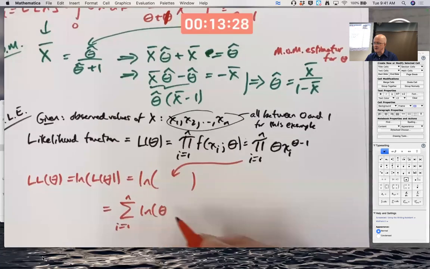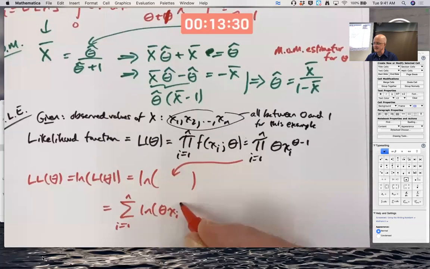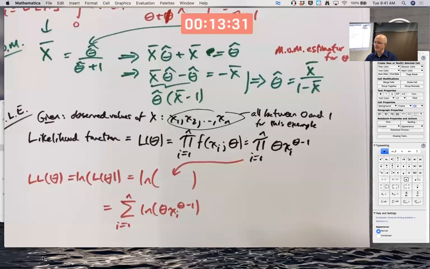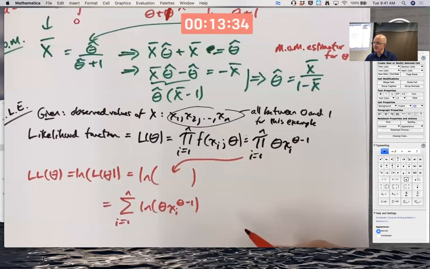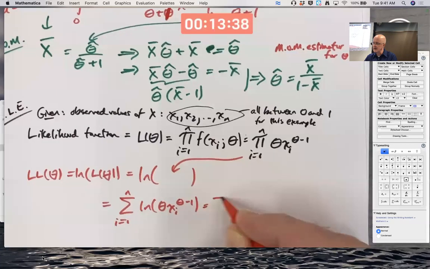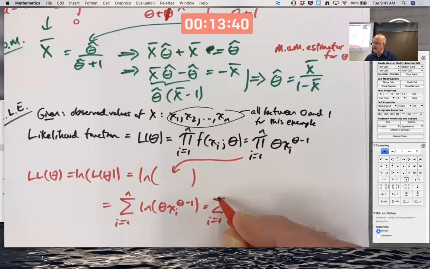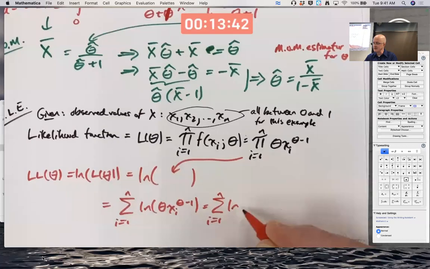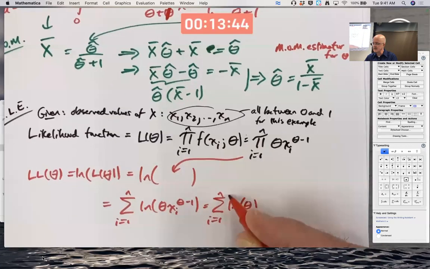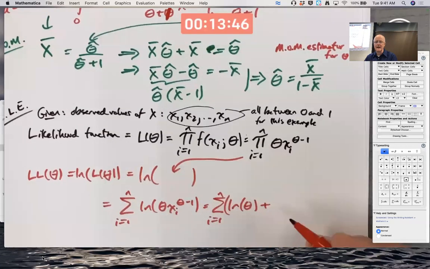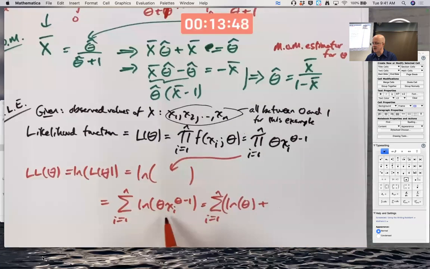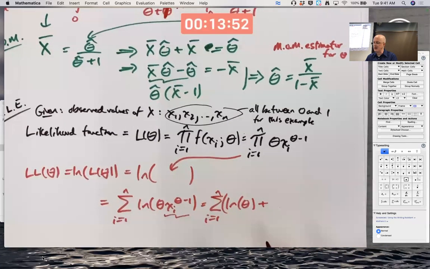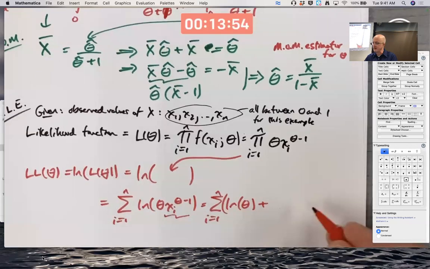And within each of those, I also have products. The ln of a product there is also still the sum of the logs. And when I take the log of the second factor in that product, another property of logs allows me to bring the theta minus 1 in front, right?